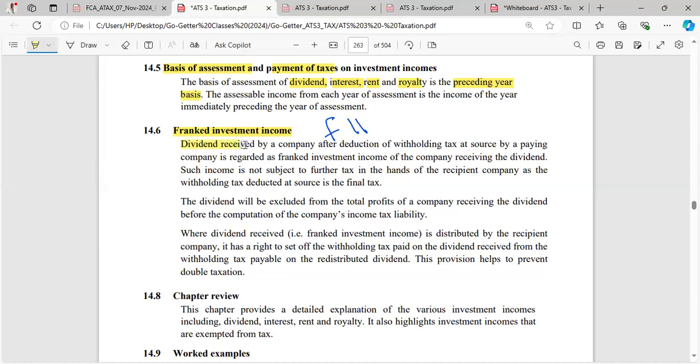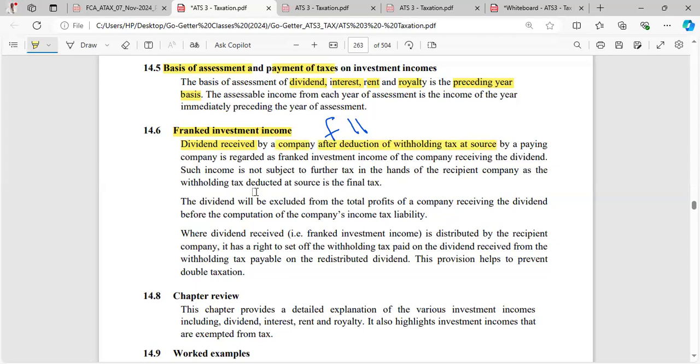When you see FII, it is franked investment income. What is this franked investment income? Dividends, that is dividend income, received by a company. It is the company that will receive it, not an individual, another company. Let's give an example.